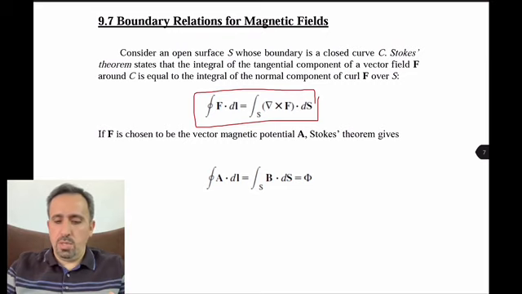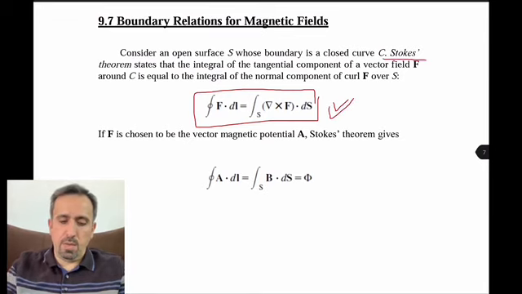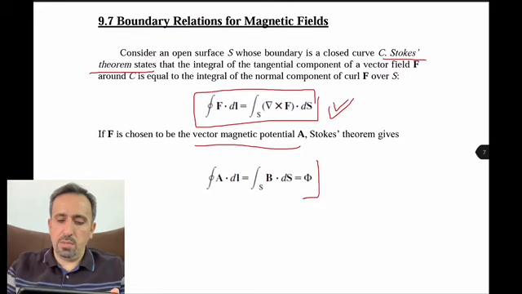So this, in general, mathematically, is according to Stokes' theorem. Now, according to this, if F is taken to be the vector magnetic potential, Stokes' theorem will give us this equation.